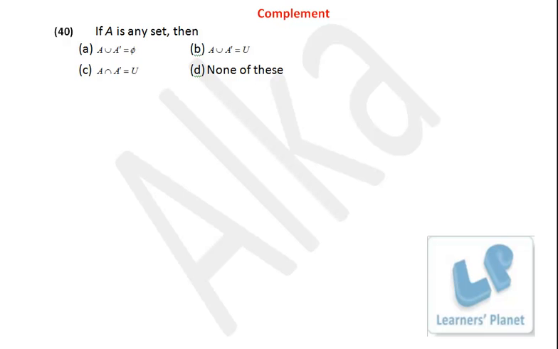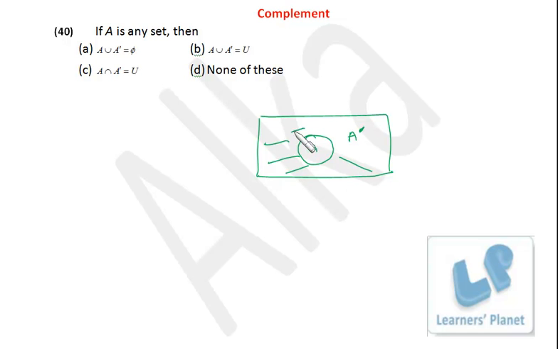Now this, if A is any set, now say this is the universal set, this is A and this is A dash. A dash, that means outside portion, right? And this is universal set. Now A union A dash is phi? No. A is this and A dash is this. So A union A dash will be actually U. Right?